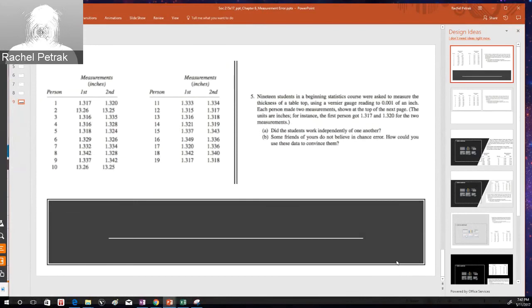The point I'm getting at is that they didn't just make a chance mistake, they systematically made the same mistake in each measurement, and moreover, person number 10 made the same mistake, or worked with person number 2 and didn't do their measurements independently. So in answer to A, did the students work independently of one another? It looks like most of them did, but it seems pretty obvious that students 2 and 10 didn't.